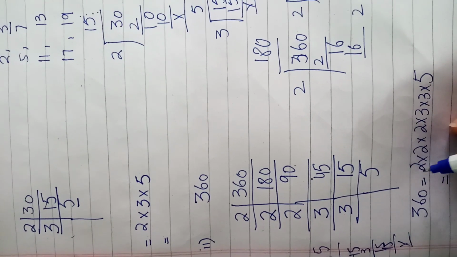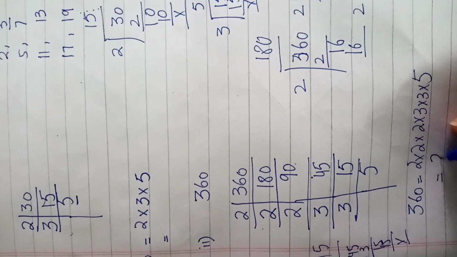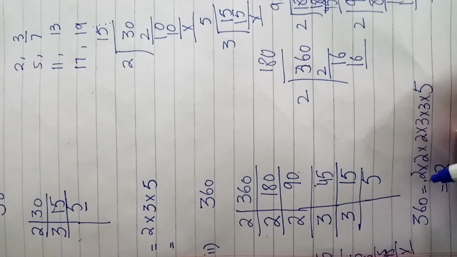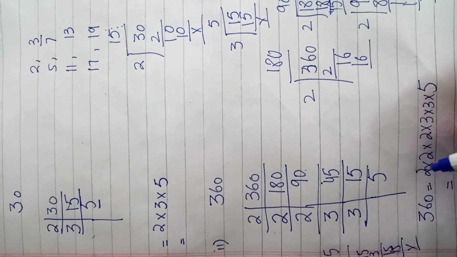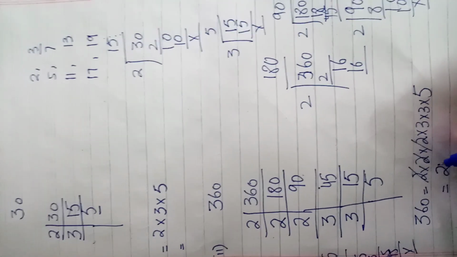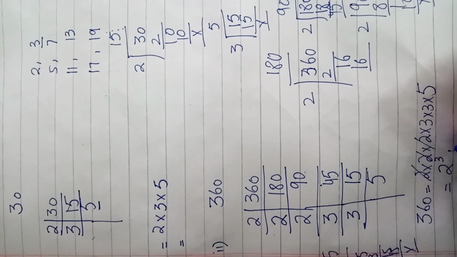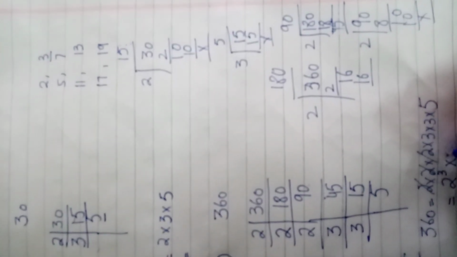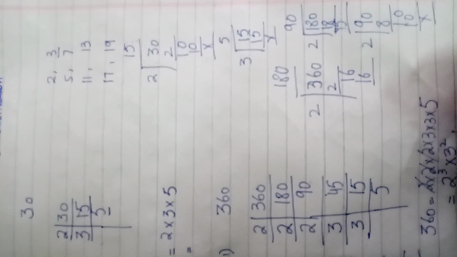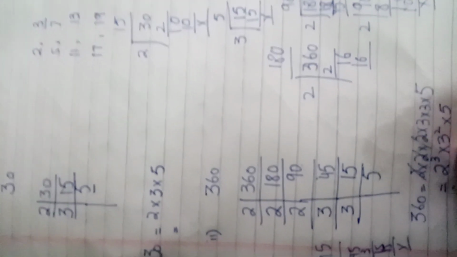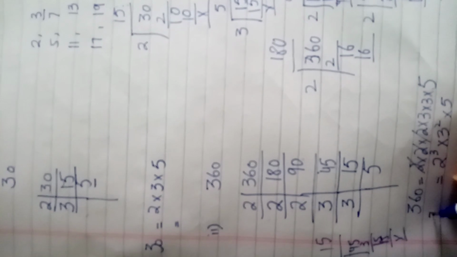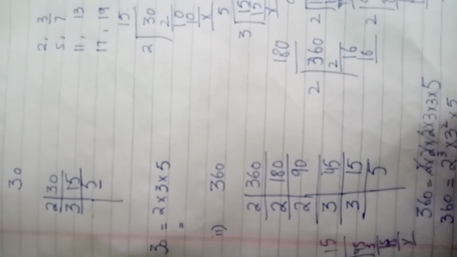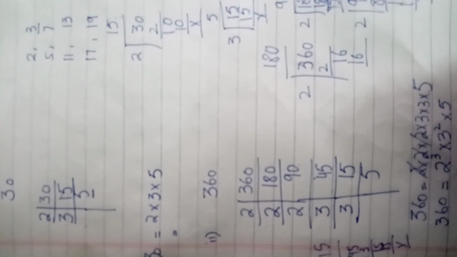For this purpose, I write 2 here and count how many times 2 is present: 1, 2, 3. I put 2 to the power 3 here, cross 3 to the power 2, into 5. So these are the factors of number 360 in the form of index notation.